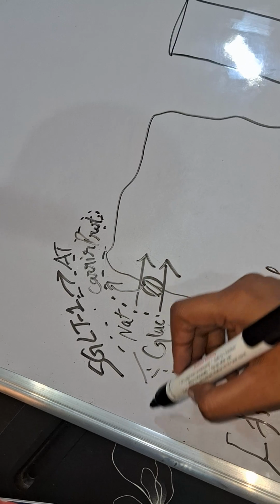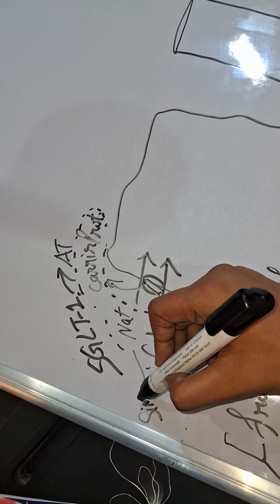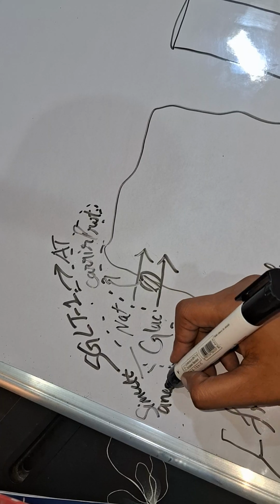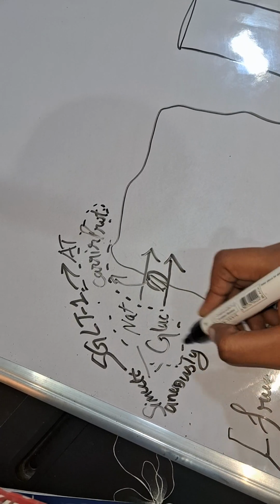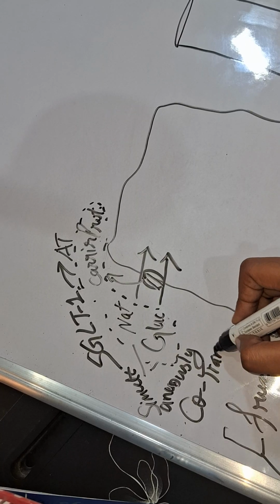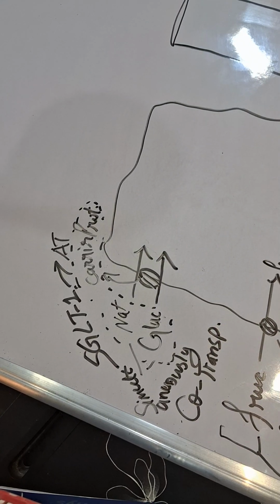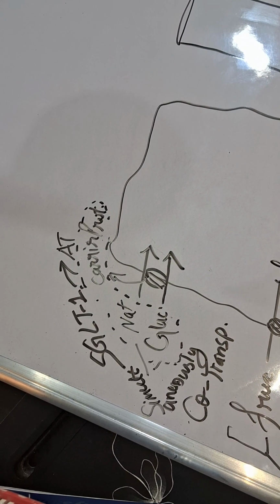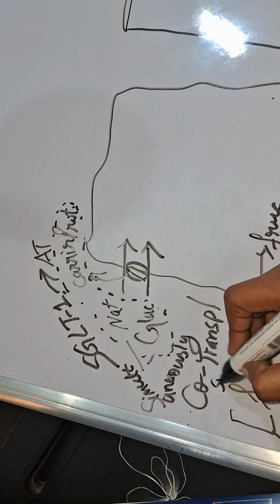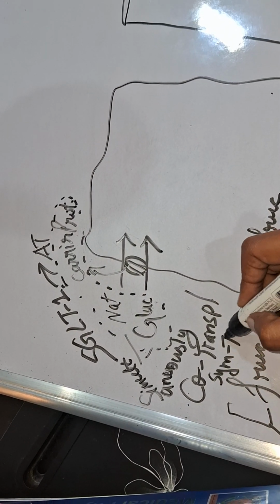They both move simultaneously inside the cell, and this transport is also known as co-transport. Okay, this is basically an example of co-transport, or you can say the symport.